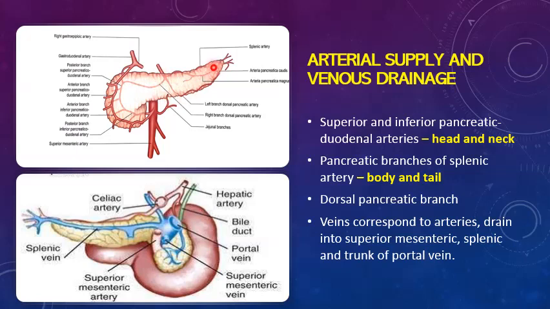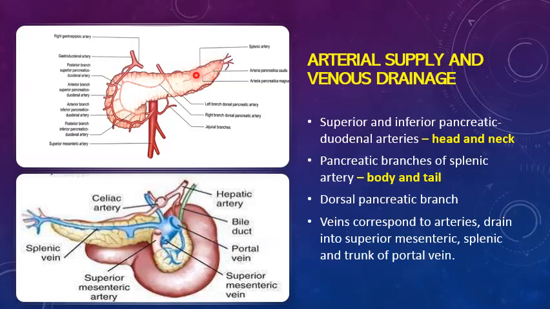The body and the tail are supplied by the pancreatic branches of the splenic artery. And then one more branch is there that is known as the arteria pancreatica magna. This one is the arteria pancreatica magna. Here we are seeing the splenic artery.